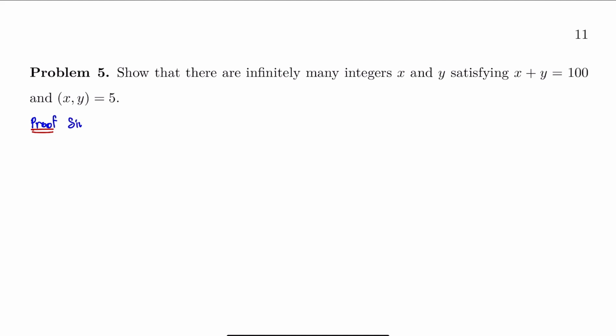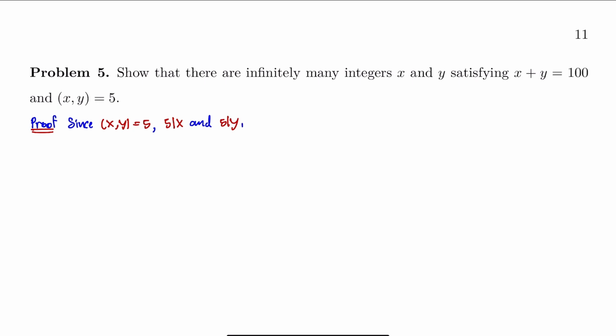Since the greatest common divisor of x and y is 5, what do we have? That means that 5 divides both x and y, and 5 is the greatest common divisor of x and y. So we have 5 divides x and 5 divides y.